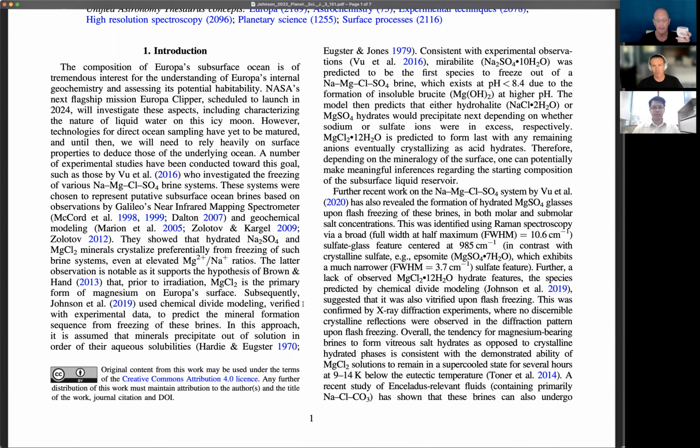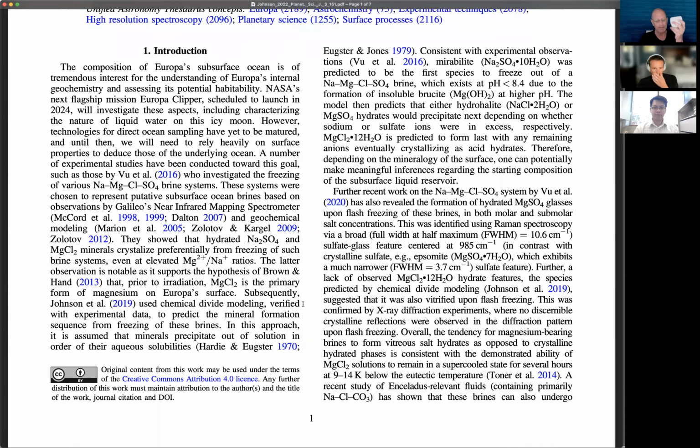Are we able to make meaningful linkages from the surface mineralogy back to the source brine composition, in terms of what ions are in there and what concentrations? What can we actually learn about the ocean composition indirectly from looking at its expression on the surface?